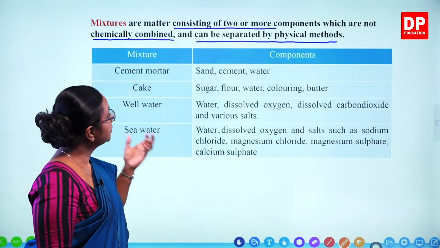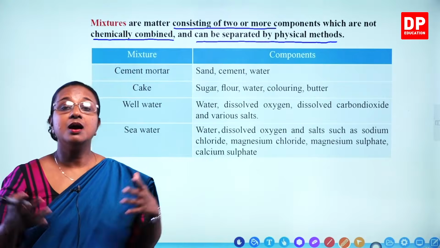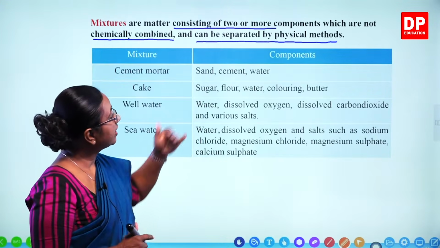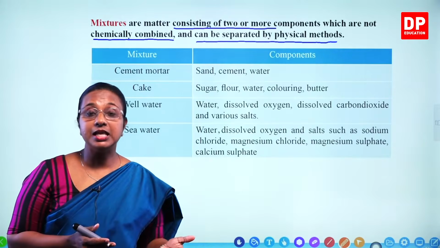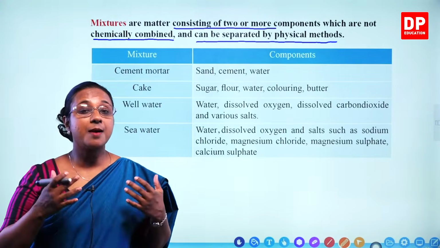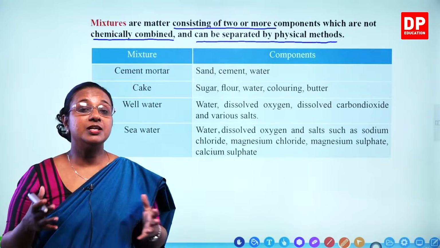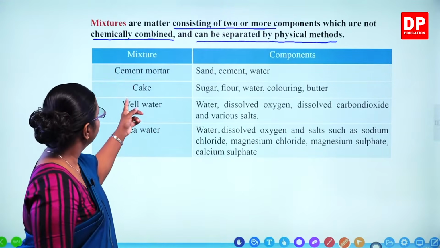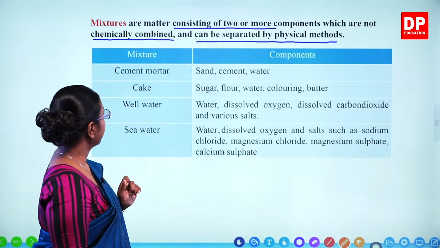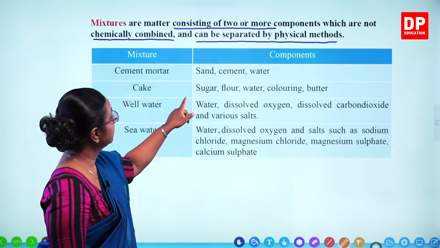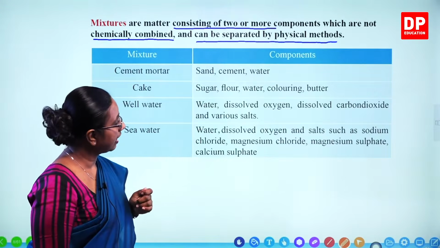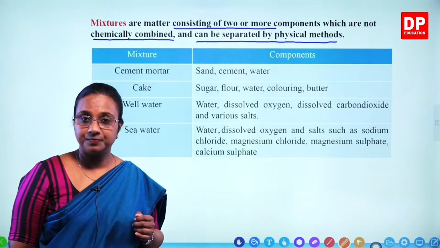You all know sand and cement are powdered substances, solid substances, whereas water is a liquid. So here we are mixing components of different physical states. If we take the next example, cake. This contains sugar, flour, water, coloring and butter.